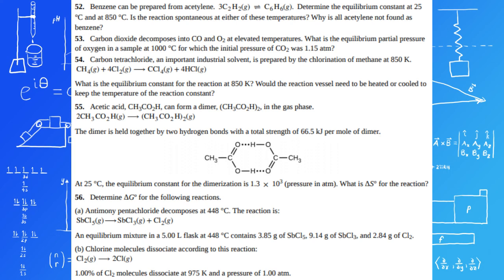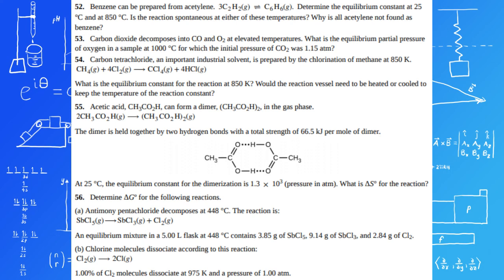55. Let's see, we've got a dimer, which is a polymer with two components. You don't really need to know about polymers, unless maybe you're doing IB chemistry. Oh, okay, this time they ask you for delta S for problem 55.